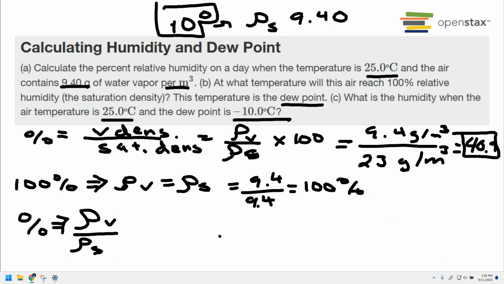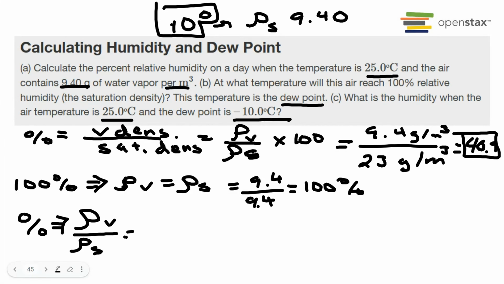So then that would mean I'm going to have 2.6 over the 23. The most relative humidity that I could have is this 2.6 grams, because that's all the water that can be held at -10 degrees.